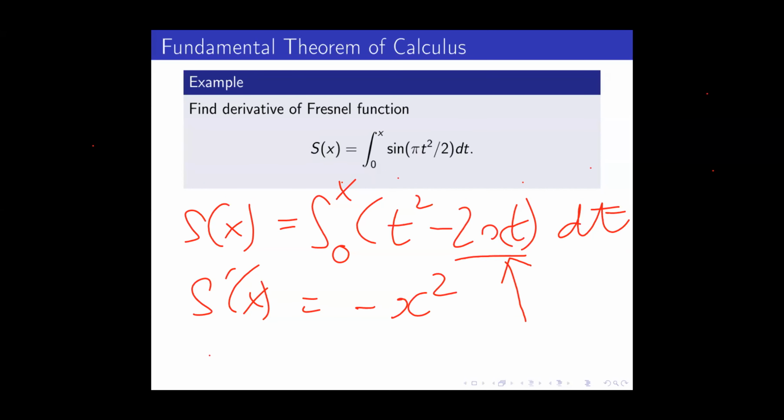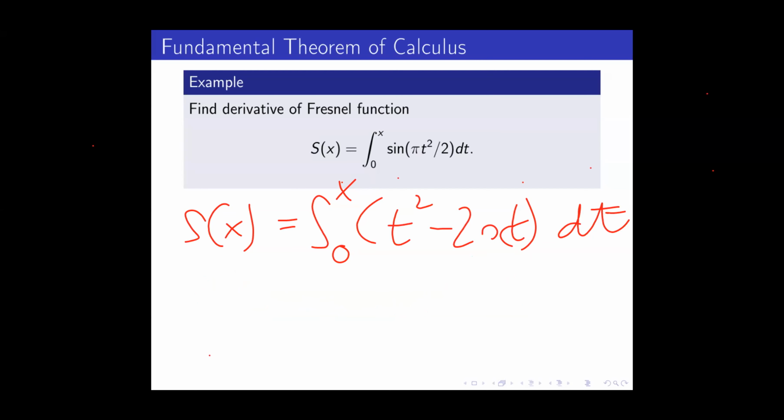Okay, let's try to figure out the answer. You have to read the statement of the theorem very carefully. In this case, I don't think it's the right answer, and the reason is the following.